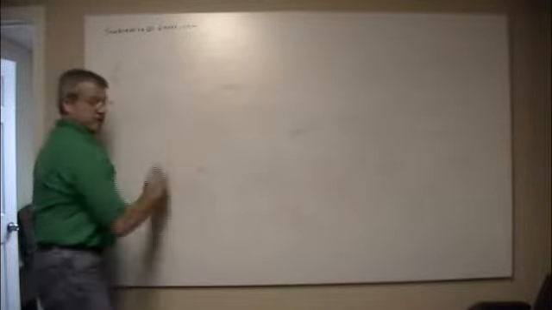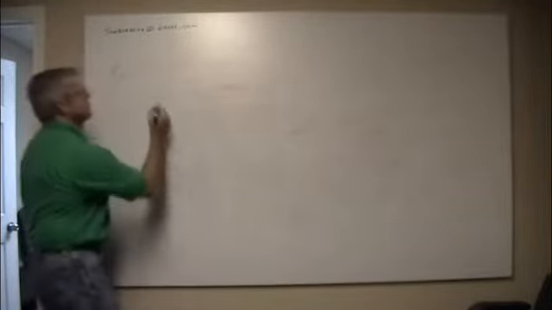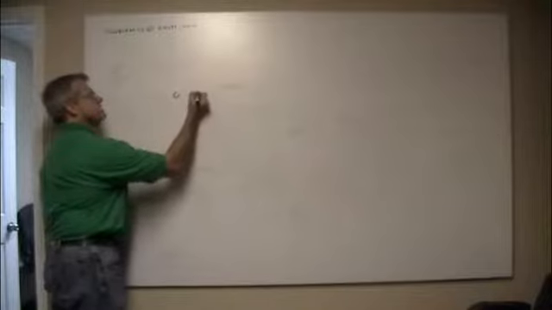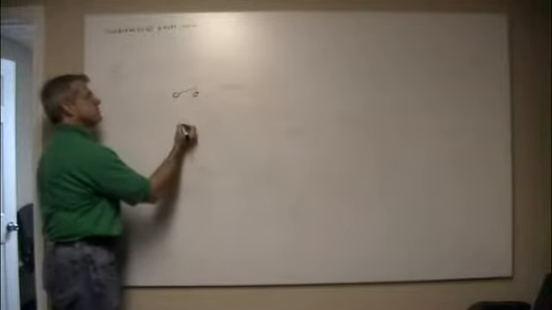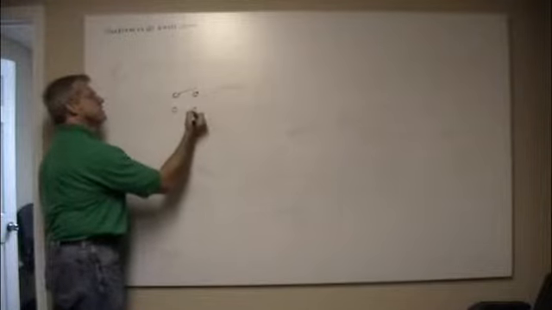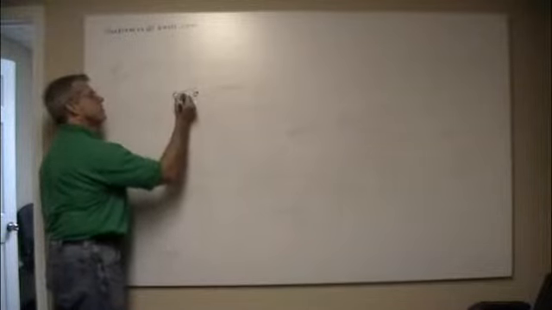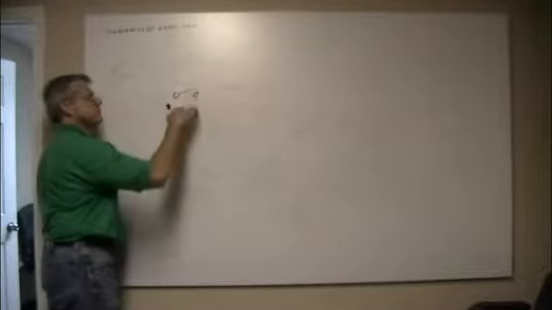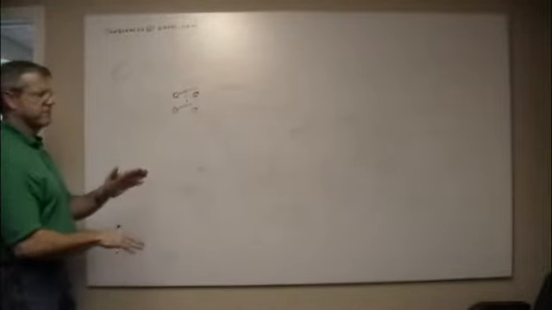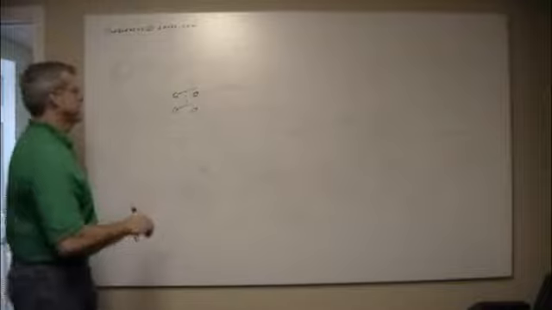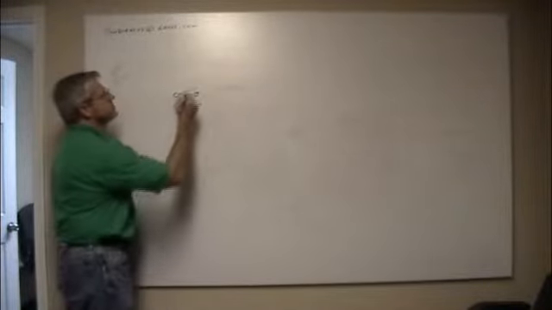So I always get this backwards. So this would be a single pole, single throw switch. And I believe this is a single pole, double throw. Can never remember pole or throw. I always get them backwards. But you can also do this.